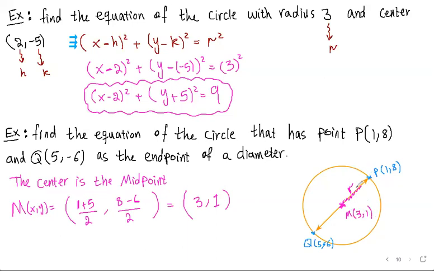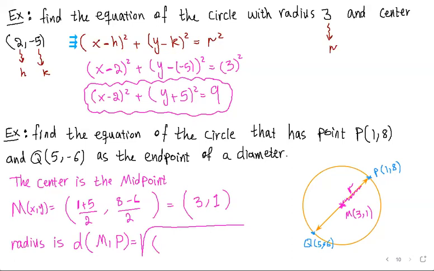Now I have to find the radius. How can I find the radius? There's a formula. Distance formula. Exactly. So the radius is the distance between the midpoint and P, or between M and Q. I'm using P. So what is the formula? It's x1 minus x2 square.